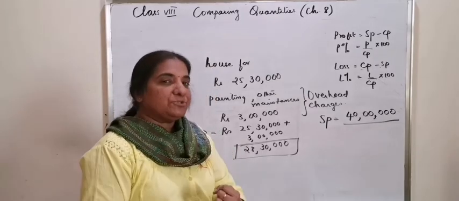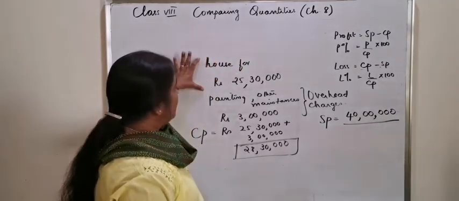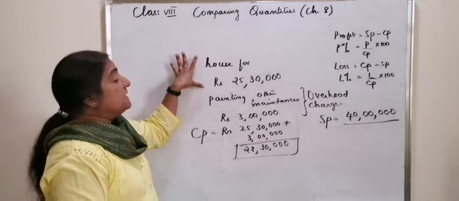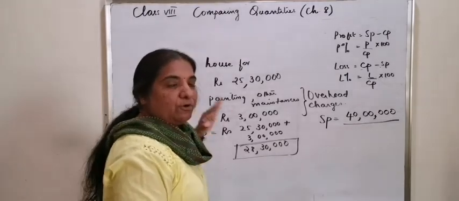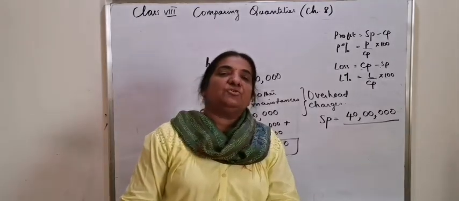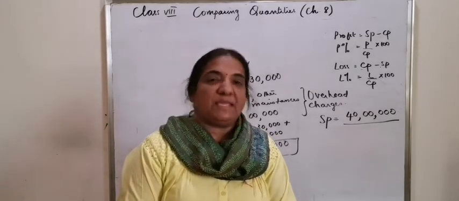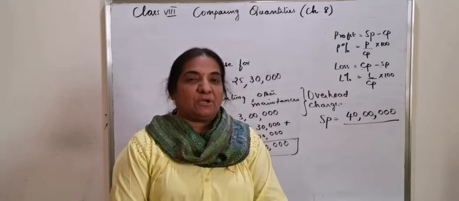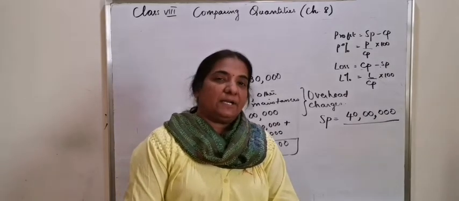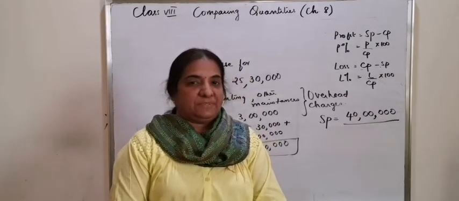So, what I mean to say is, once you buy the house for rupees 25,30,000, the extra money you have spent on it can also be added to the cost price, because you have spent the money for that particular purpose.